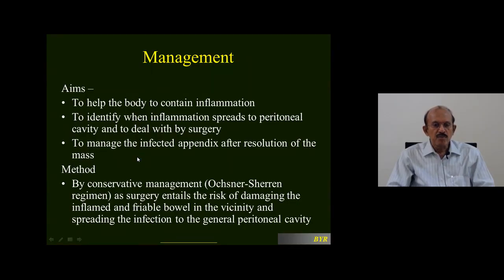The procedure of managing the patient with appendicular lump is by conservative management to enhance the body's defense mechanism. This is called the Ochsner-Sherren regime. Because if you do surgery once the mass is formed, there is a risk of damaging the inflamed and friable bowel in the vicinity. The bowel wall, which is adherent to the appendix, will be edematous, and edematous bowel is very fragile.